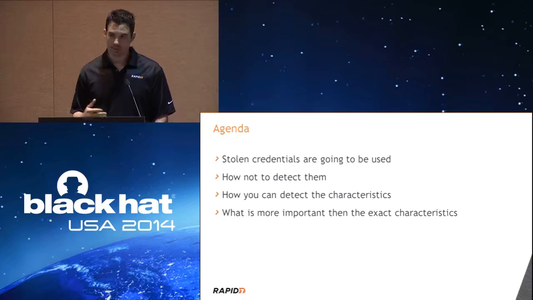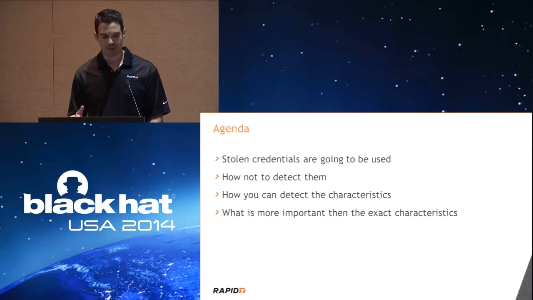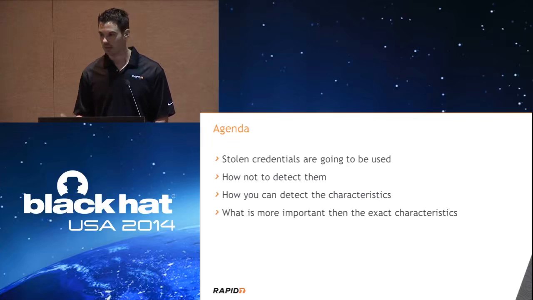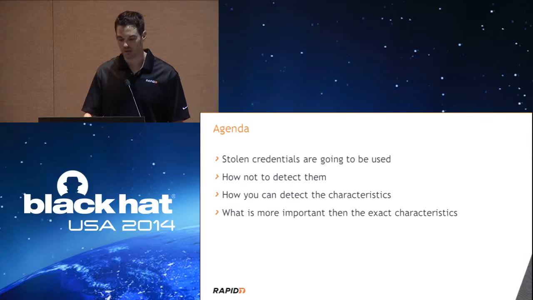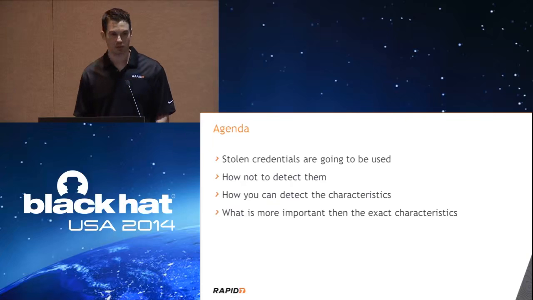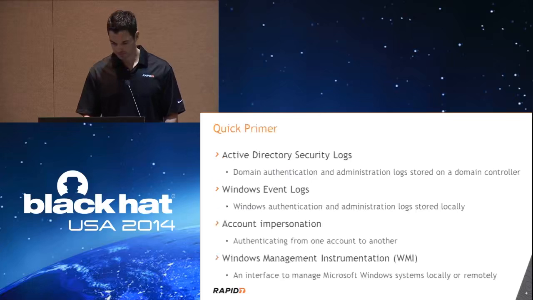Jeff's going to go through a few scenarios, actually showing you credentials being used, various authentications, what those log files look like, what the text is, what to look for, and then why that's not enough. Really why you need to do more than just alarm every time you see a specific characteristic.